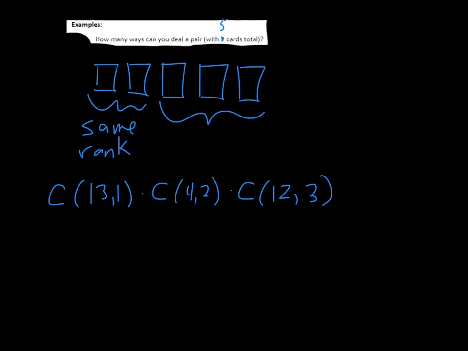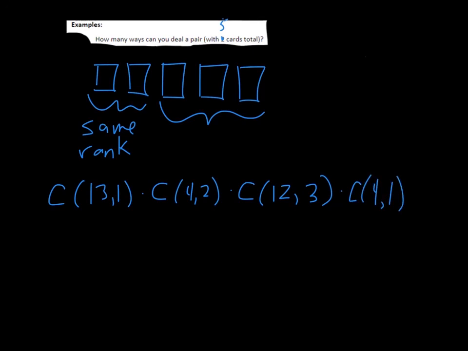Now, for each one of those, for each rank, so for the rank chosen for this card, say it's 7s. There are 4 7s in the deck. Of those 4, I'm going to choose 1 for this card. So I'm also going to multiply this by combinations of 4, choose 1.